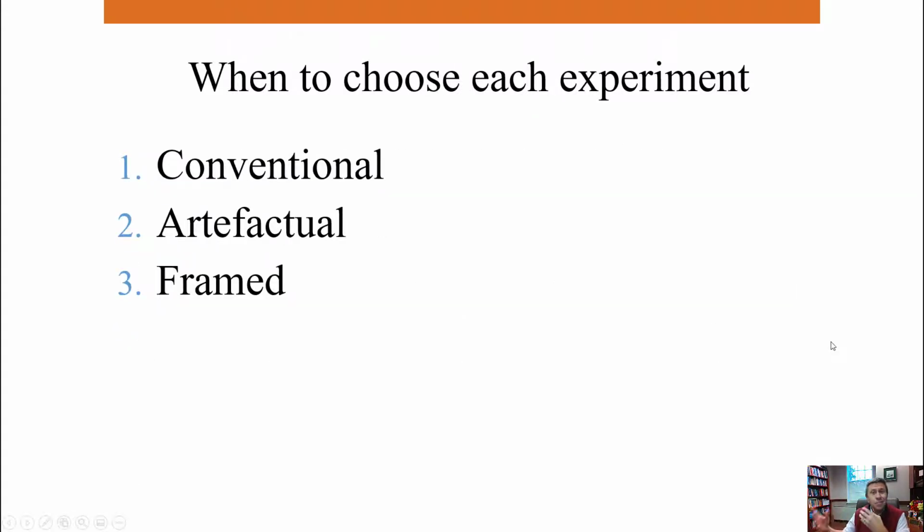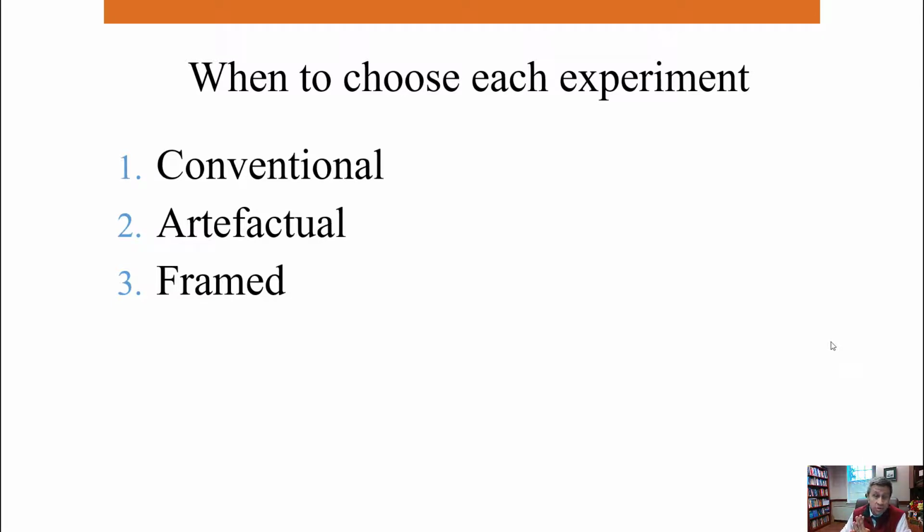So when would you want to choose each experiment? Conventional experiment with students, I would say you should only be doing this if you're testing an auction theory, unless you're dealing with a product where you want to see how college students react, what their demand is for a particular product.